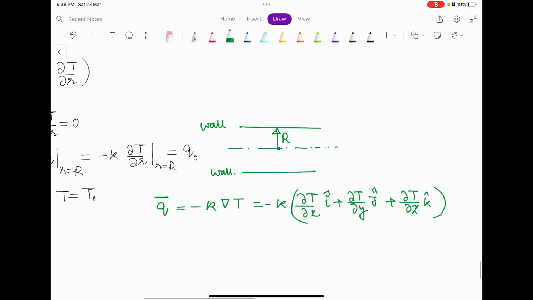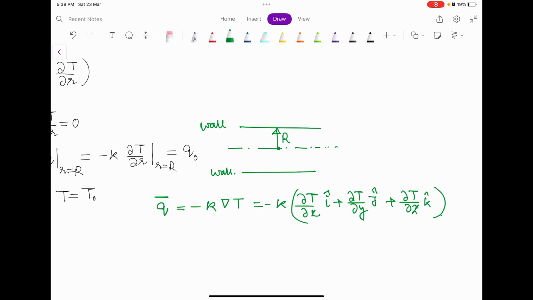Now you see that the direction of the heat flux is towards the negative gradient of T.